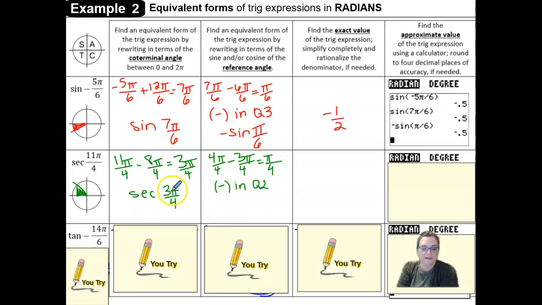So the secant of 3 pi over 4 in terms of the cosine of its reference angle would be a negative 1, because we're in quadrant 2, divided by the cosine of the reference angle pi over 4.